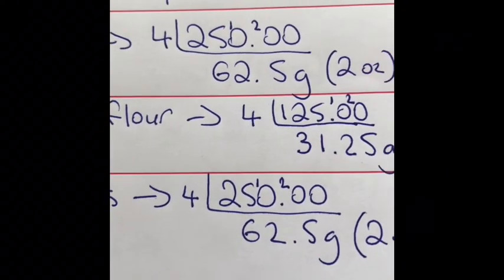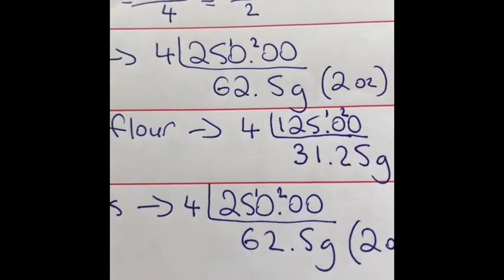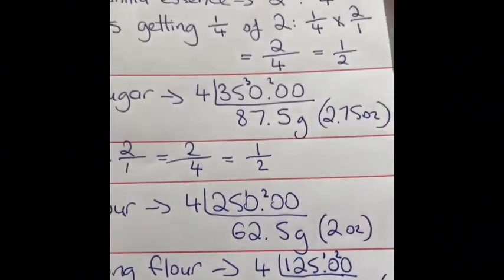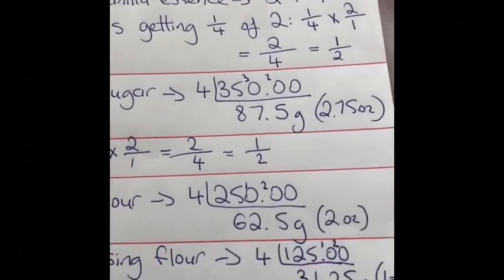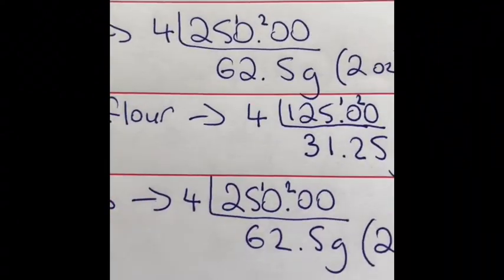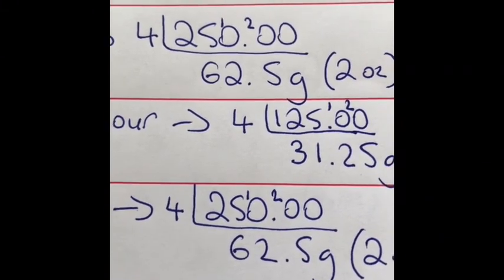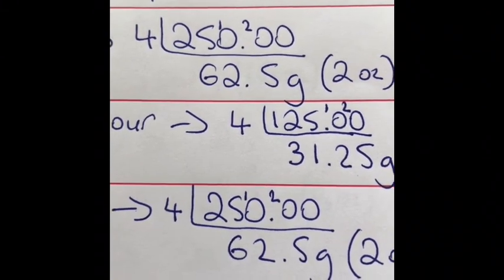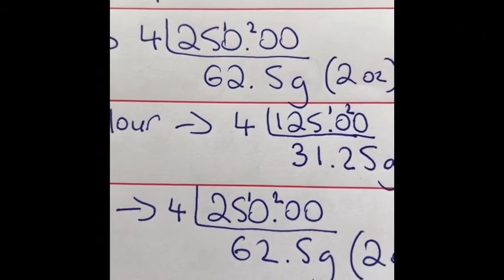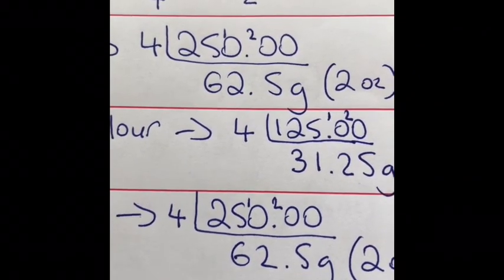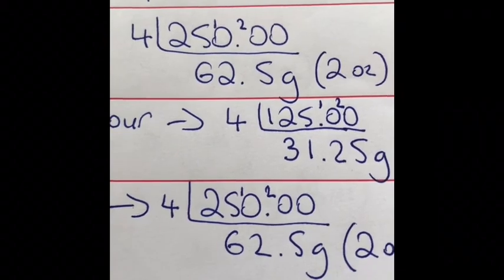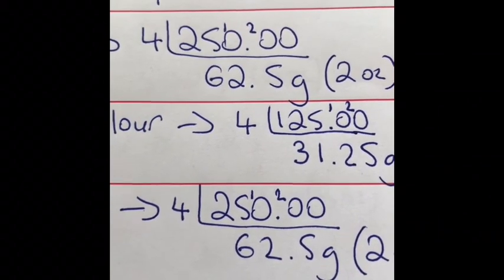So we're dividing 4 into the 250 again, which we've done above 2 other times. So again, 4 into 25, 6 times. Remainder 1, put it in front of your 0. 4 into 10 goes twice, with 2 left over. Add in your decimal point and your zeros if you need them. 4 into 20 goes 5 times.